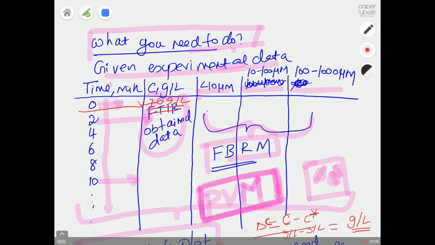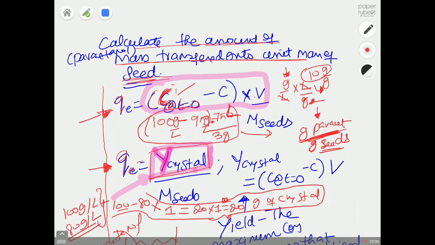That will be the value of C0 at time T equal to 0. And then C will be the concentration at any time T. And V is your reactor volume, which is 750 ml. You have to convert it into liters, and then you have to calculate the mass of the seeds. I already said seed loading is 50%. From that, you have to calculate the mass of your seeds.